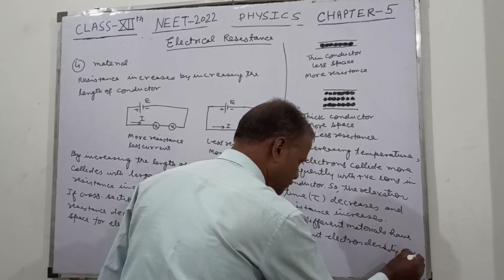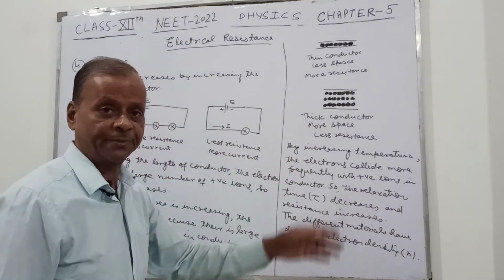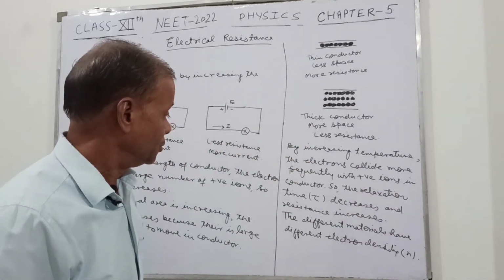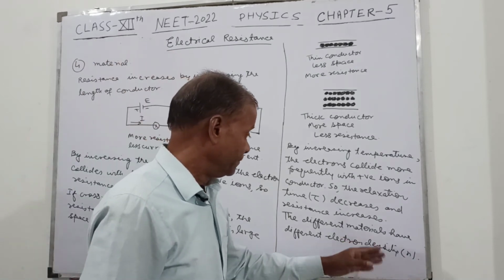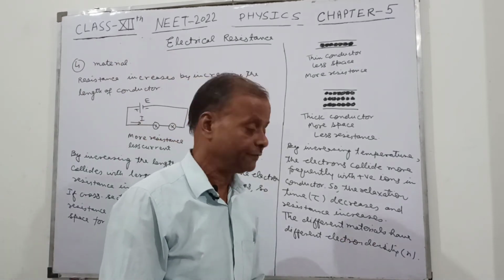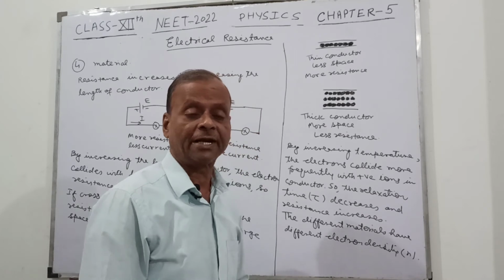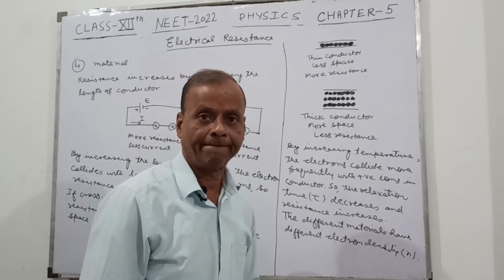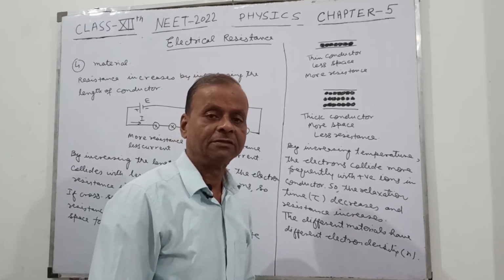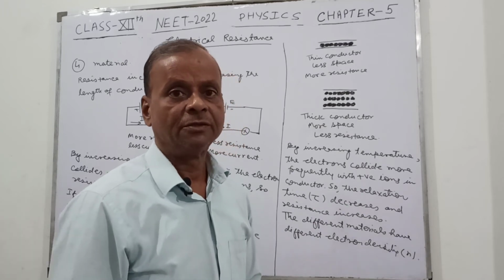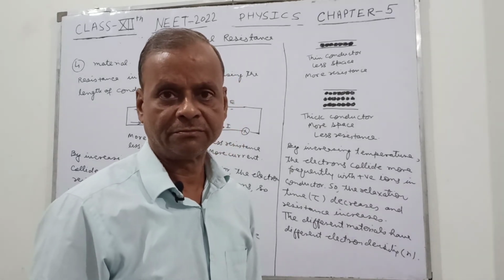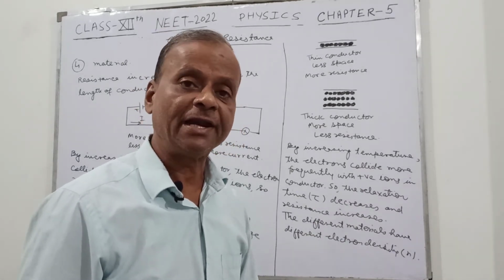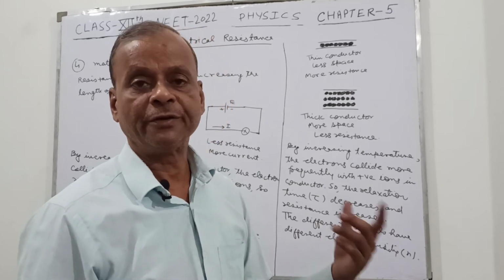Electron density n, that I told you about in the expression of resistance. So for the material having a large electron density, if the electron density is very high, then the resistance will be very less. If electron density is very less, the resistance will be very high.